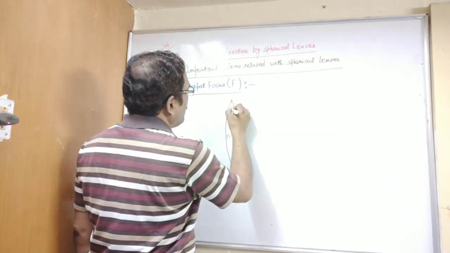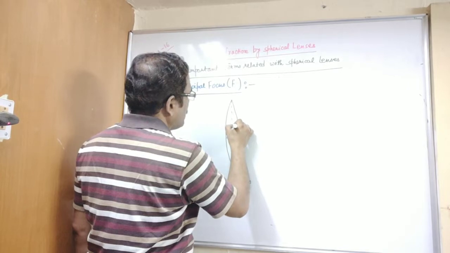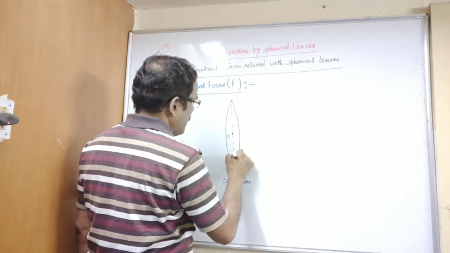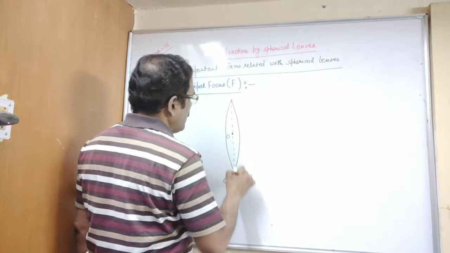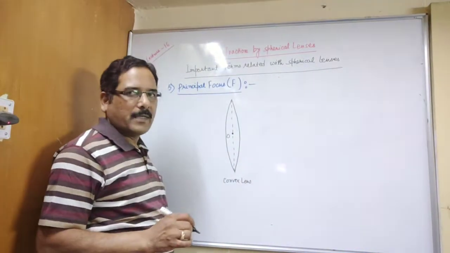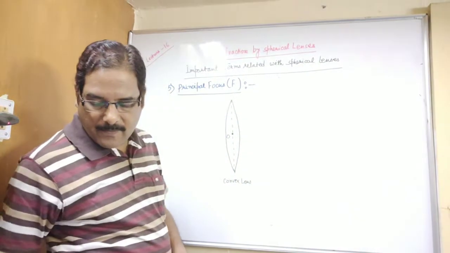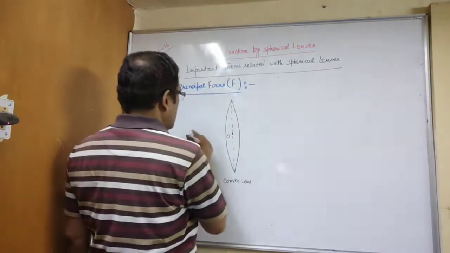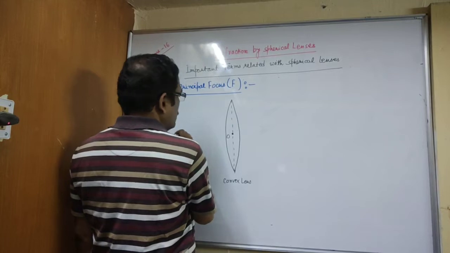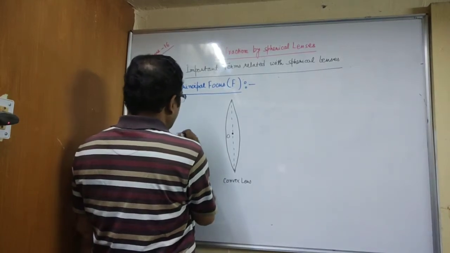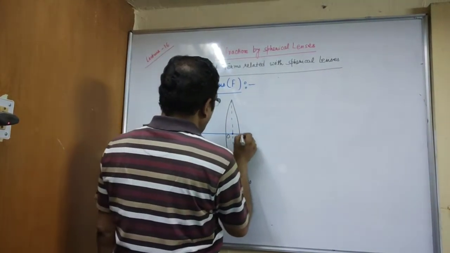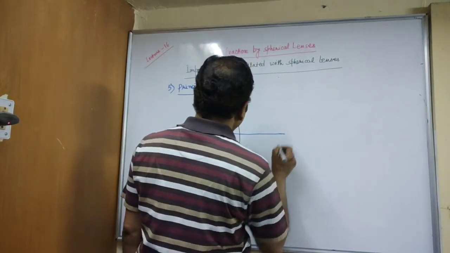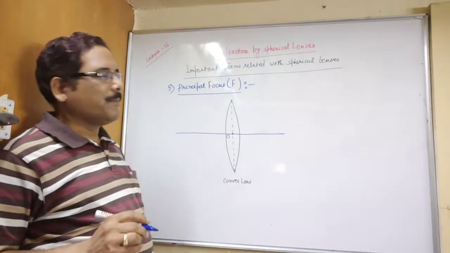Then draw its aperture, the effective diameter of the circular outline. So this dotted line represents aperture. Then draw a straight horizontal line through O, and this line is the principal axis.